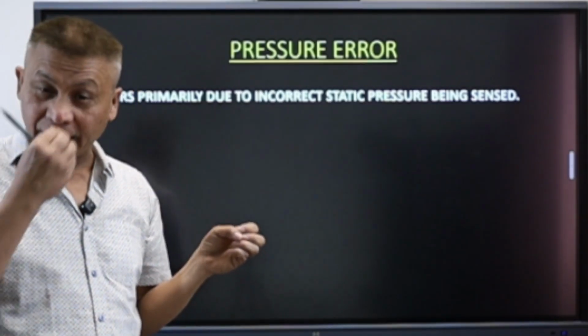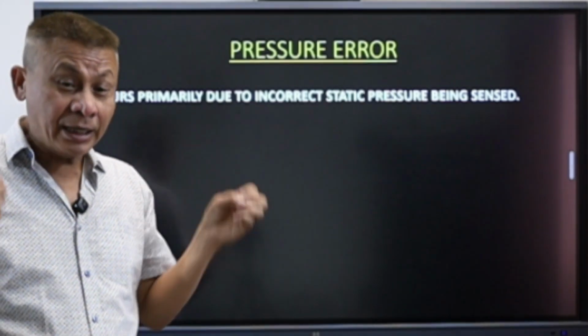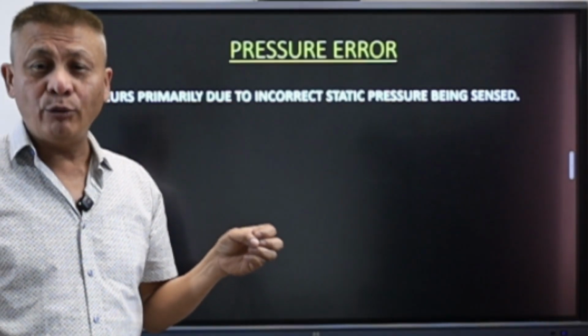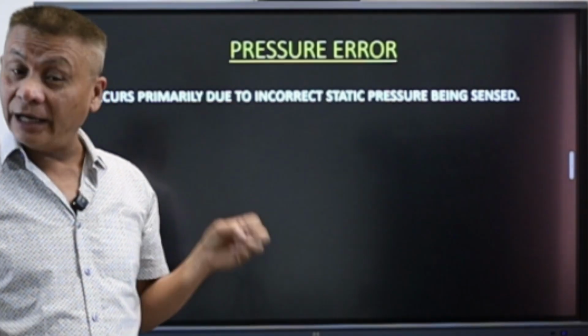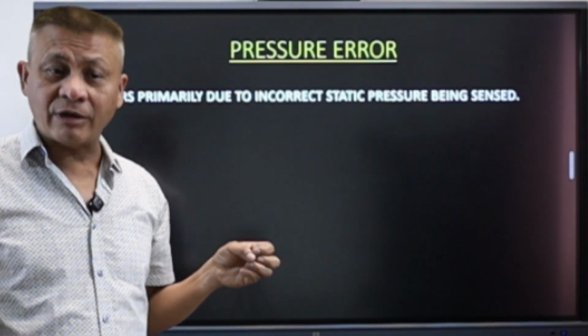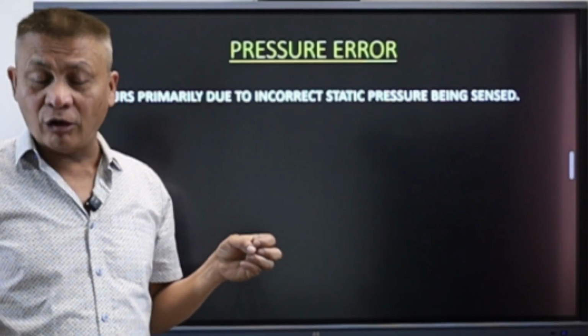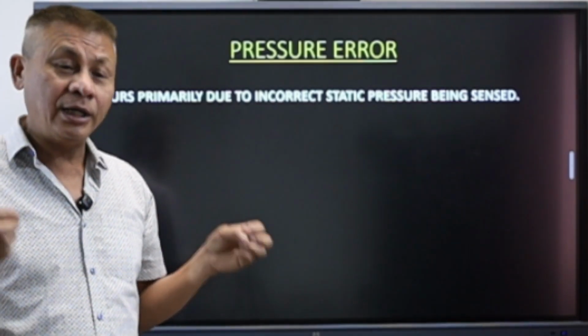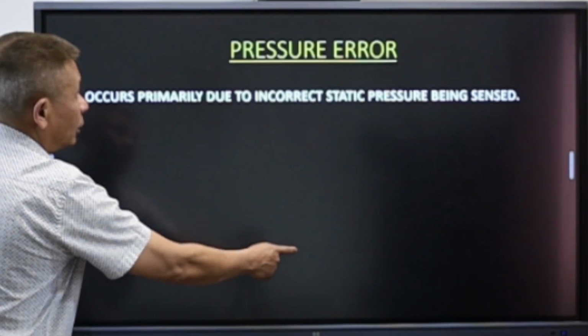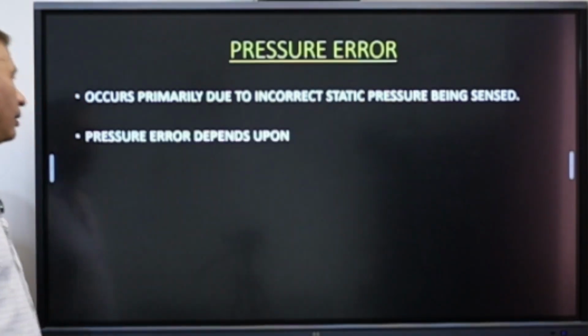However, as the aircraft is always moving, the static vents, if not positioned rightly, will be influenced by the dynamic pressure. When it is influenced by the dynamic pressure, some part of the dynamic pressure will be fed through the static pressure, thereby causing error in that instrument. That error is what we call a pressure error.